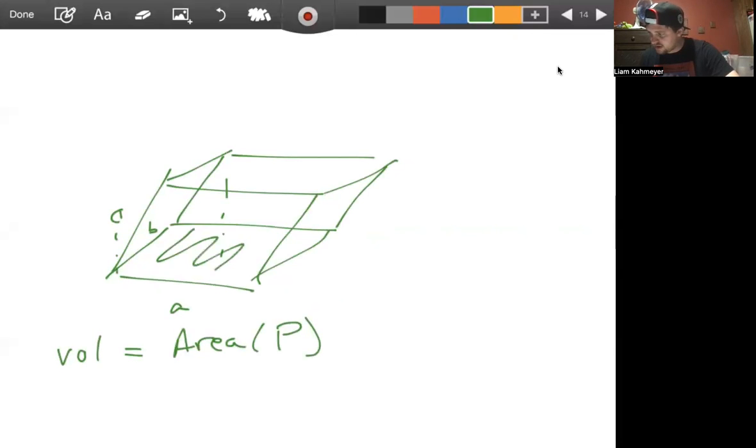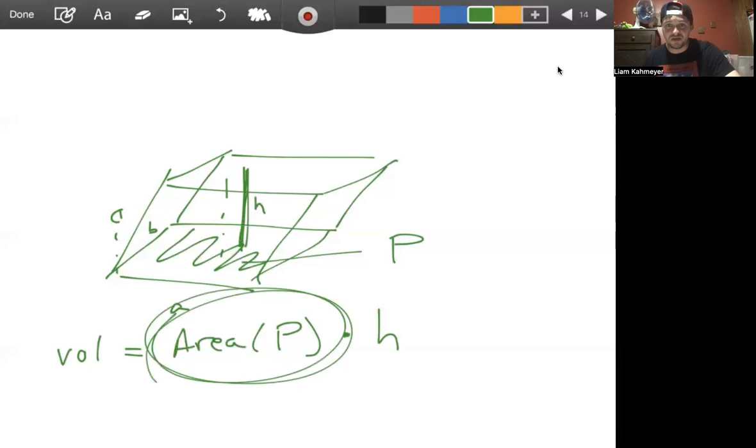So let's call the base here P, and then some height, let's just say H. So the volume is the area of the base times the height. Well, we know how to calculate the area of the base parallelogram here, but what do we do for the height?